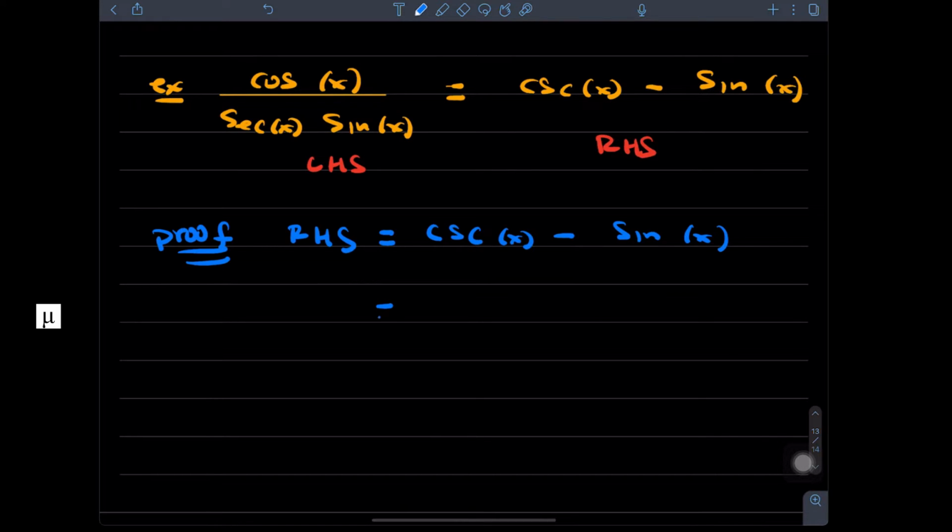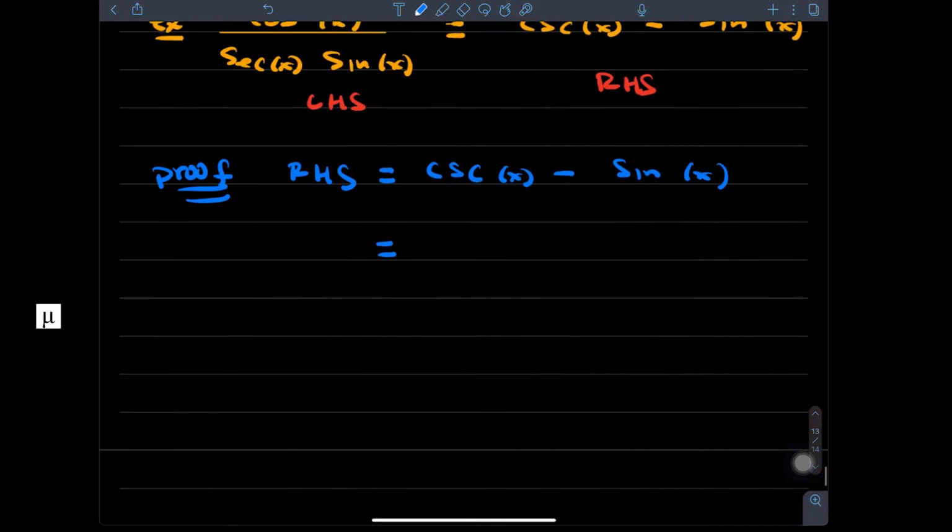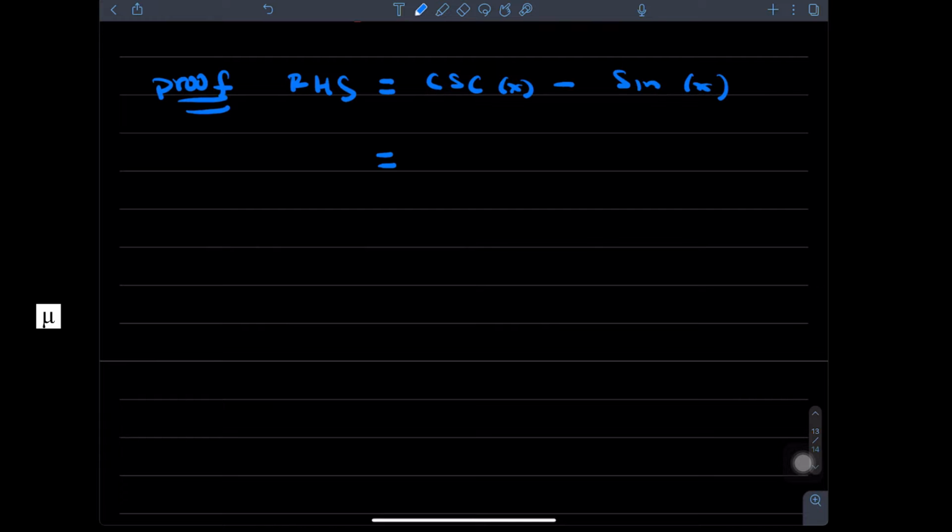Now, the reason I want to start with that is because I can write this difference as a quotient easily. You go, what do you mean you can write the difference as a quotient? Well, because of the reciprocal identity, right? Cosecant is 1 over what? Sine. Okay?